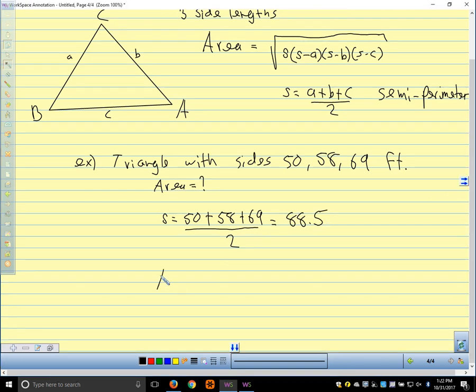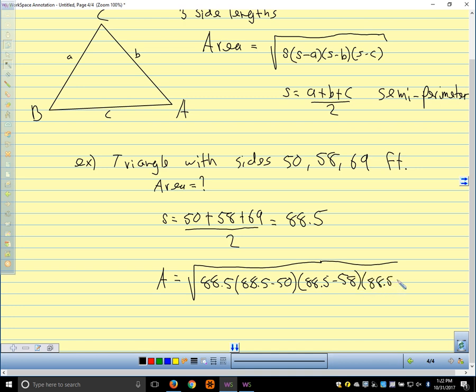And my area is going to be the square root of 88.5 times 88.5 minus 50 times 88.5 minus 58 times 88.5 minus 69. And we calculate that out, and we get that this is about 1423.54 square feet.